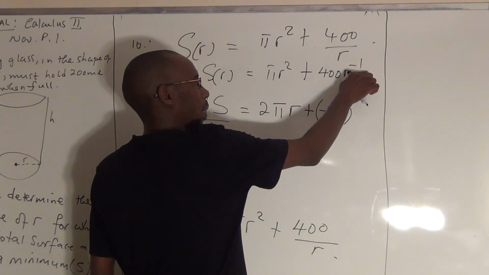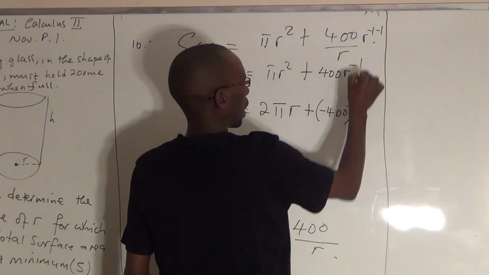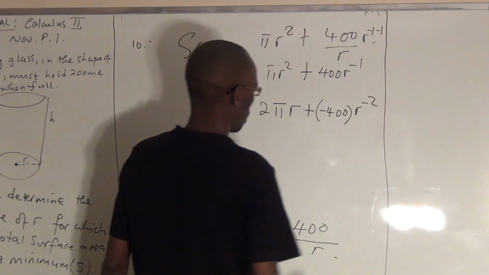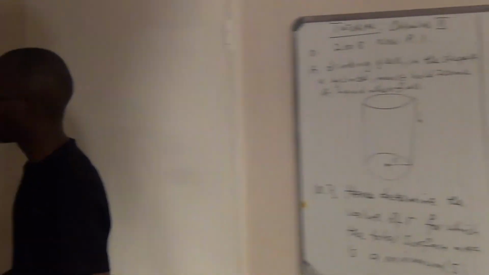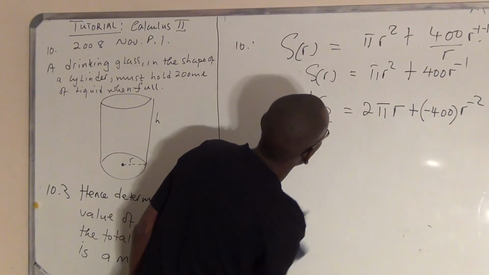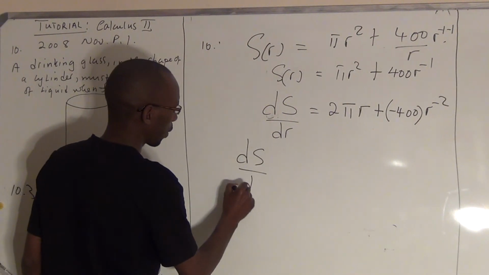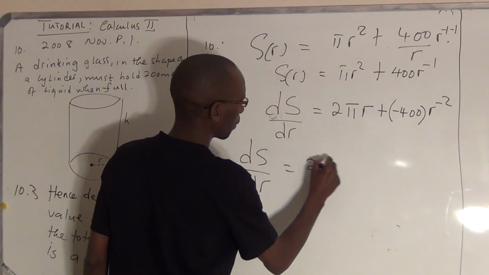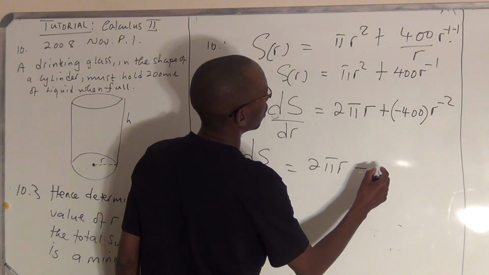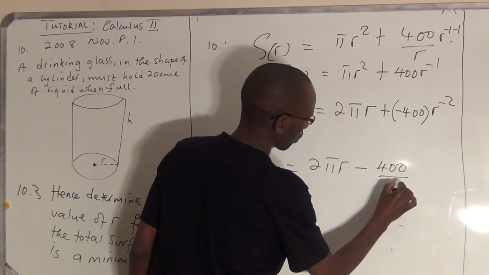Then reduce the power by 1, so we've got r to the minus 1, then minus 1 again, so we're going to end up with r to the minus 2. So now we are sitting with dS/dr equal to 2 pi r minus 400 over r squared.